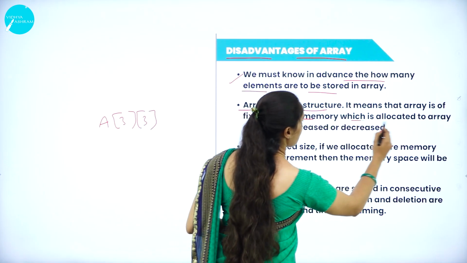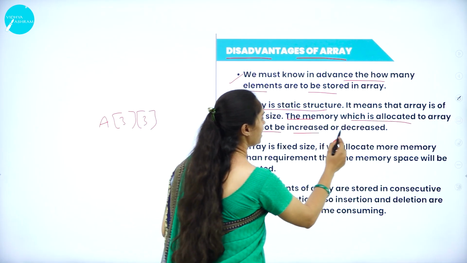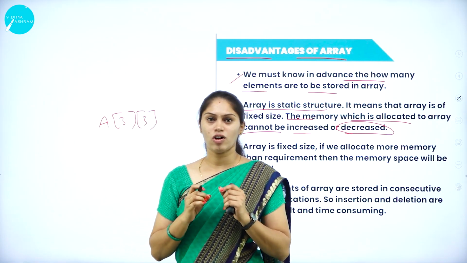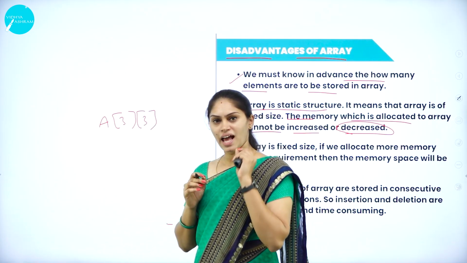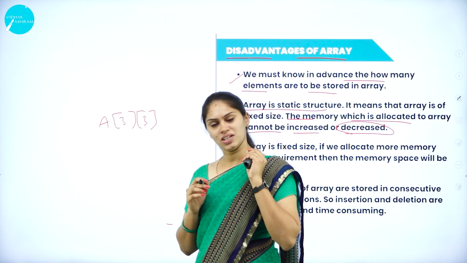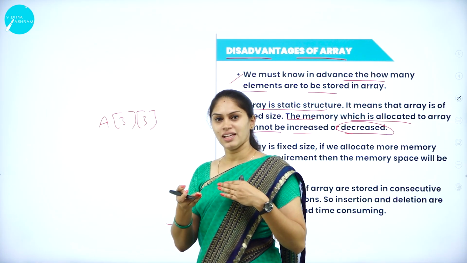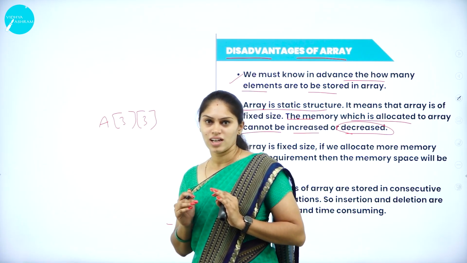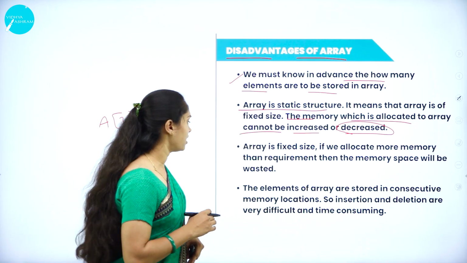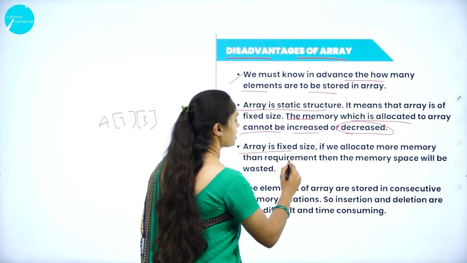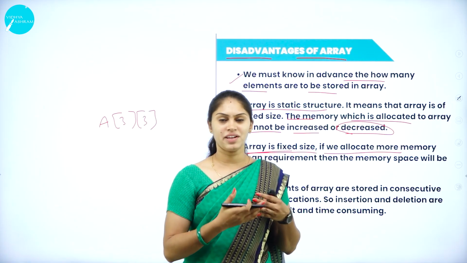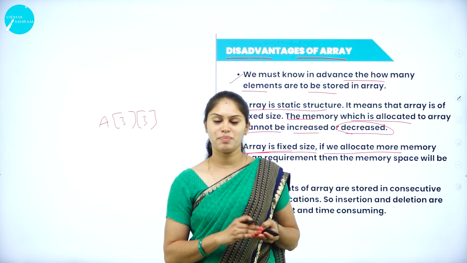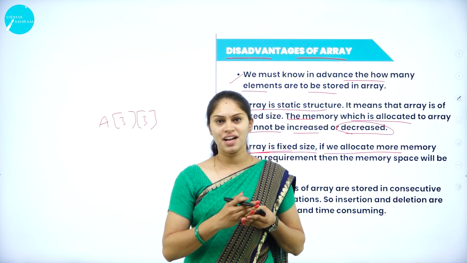The memory allocated to an array cannot be increased or decreased. Once I declare A of 3 cross 3, it has to stay like this throughout the program execution. I cannot increase or decrease the number of rows or columns. That is one of the disadvantages. Arrays have a fixed size. When creating any data structure, we allocate memory space based on its data type.